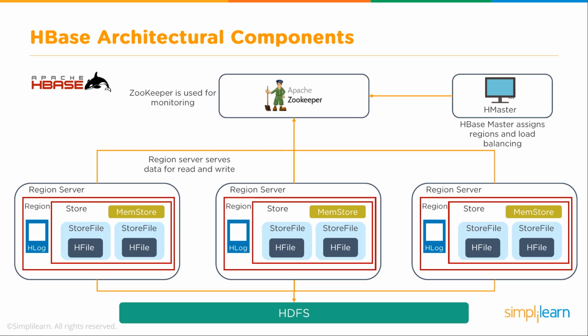Then under the HMaster, you have your region server, which serves data for read and write. The region server, which is all your different computers in your Hadoop cluster, will have a region, an HLog, a memory store, and then your different HFiles that are stored on there. And those are separated across the different computers. And that's all part of the HDFS storage system.